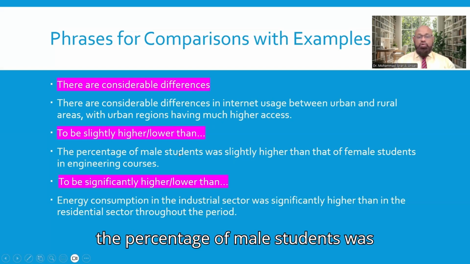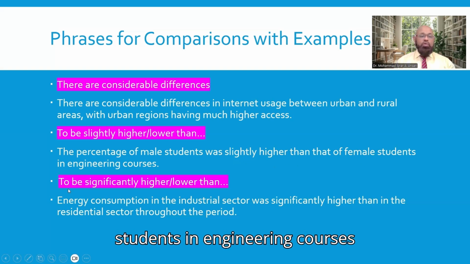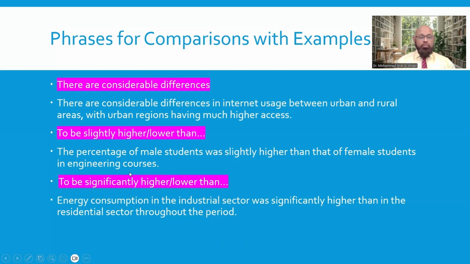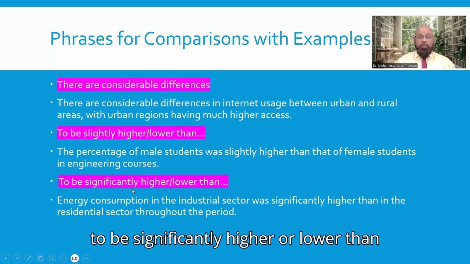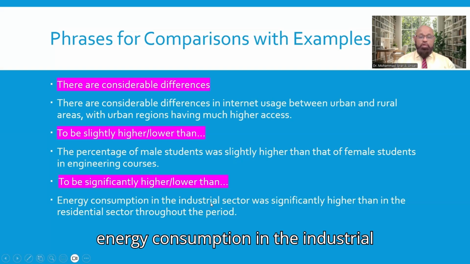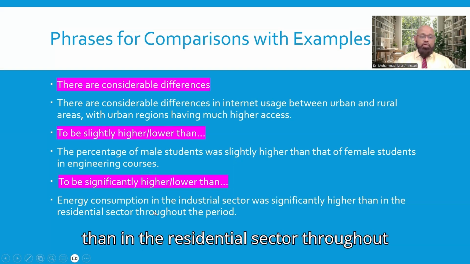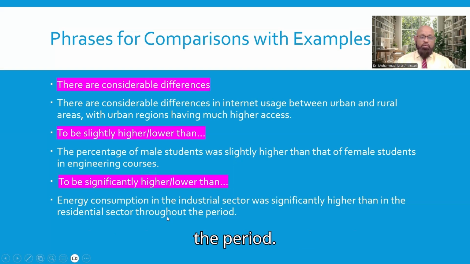The percentage of male students was slightly higher than that of female students in engineering courses. To be significantly higher or lower than: energy consumption in the industrial sector was significantly higher than in the residential sector throughout the period.